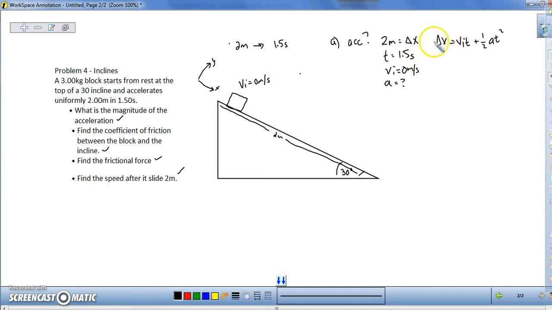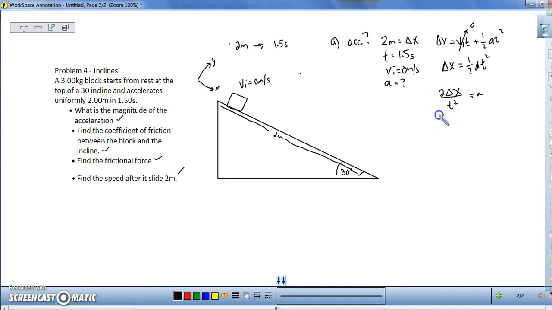Since our initial velocity is 0, that whole term goes away, so I get delta x equals 1/2 a t squared. Then to find acceleration, a equals 2 delta x over t squared.